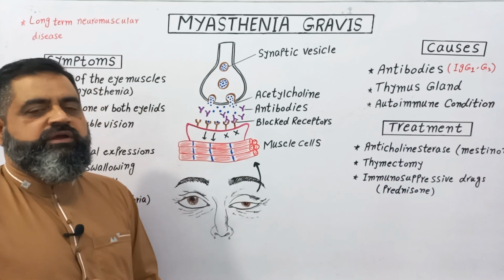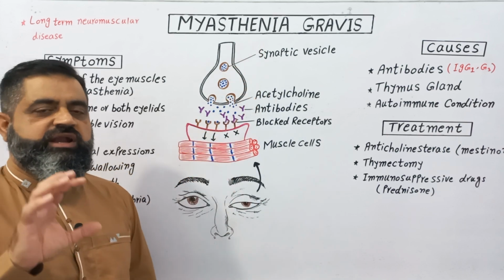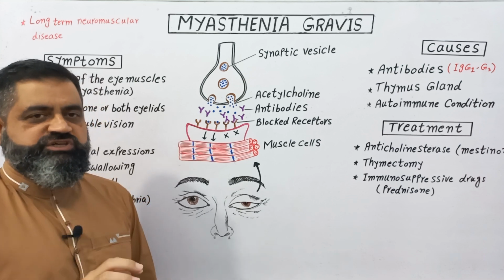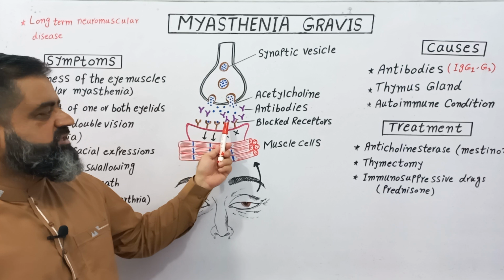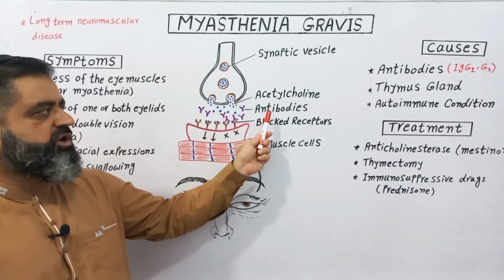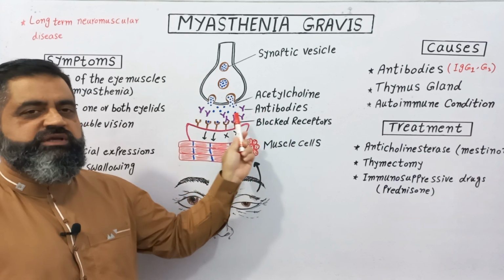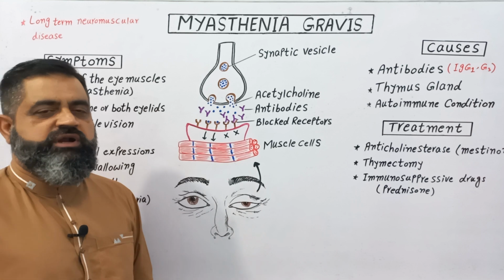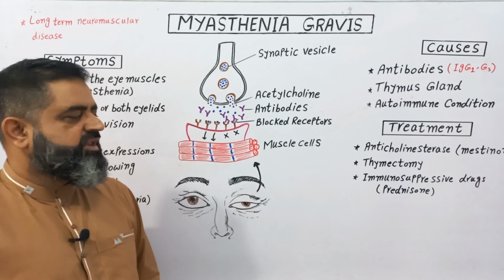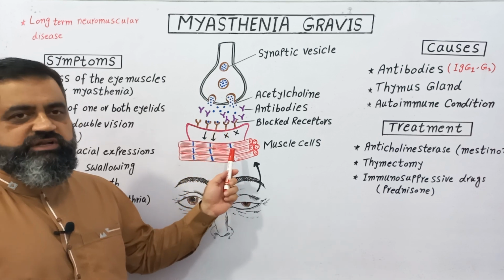But in the condition of myasthenia gravis, there are certain antibodies in our neuromuscular junction which block these receptors. These purple structures are antibodies and the brown structures are receptors blocked by these antibodies. These antibodies are usually IgG1 and IgG3. As a result, only partial contraction of the muscle takes place.